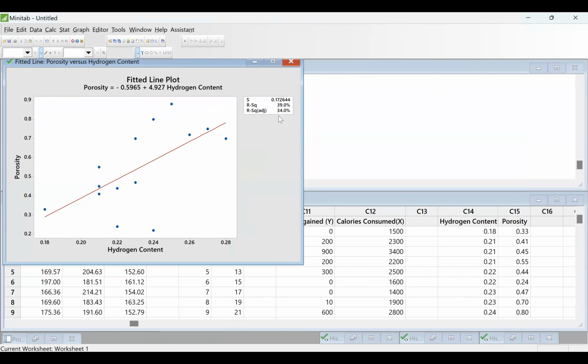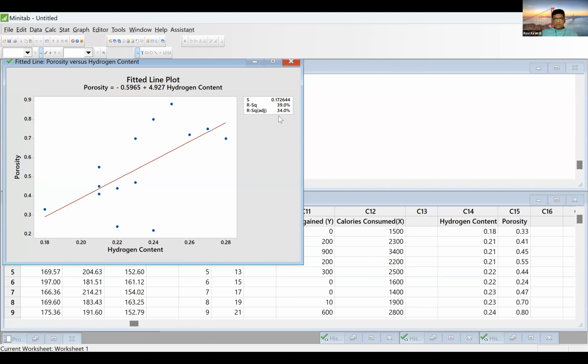The R square value is 39. 39. What does it mean? 39% means it is less than 80% and the inputs are not sufficient. The significant factors are many, but you have studied only hydrogen content.